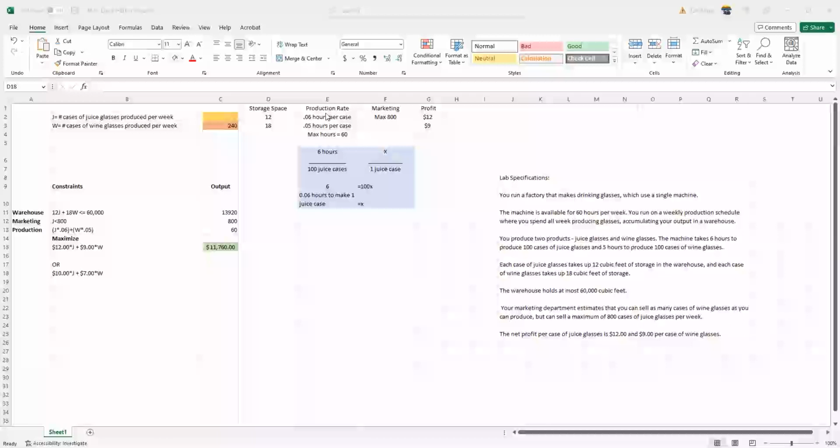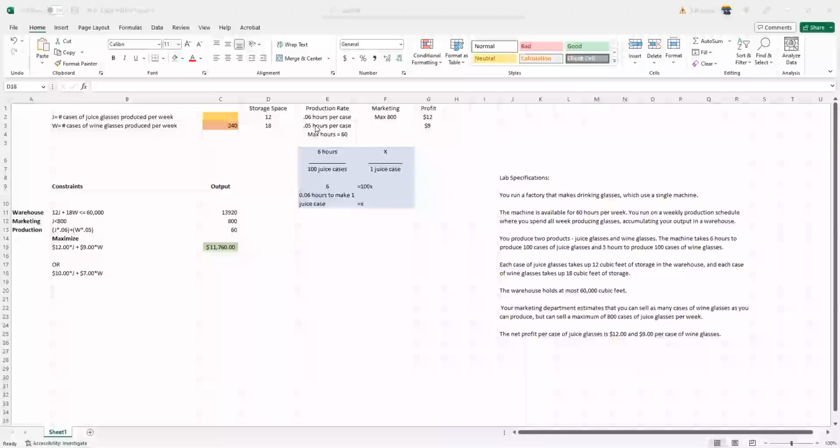The production rate, I've been offering this lab for years, and this is always the number one problem with most students: understanding the production rate. And I give it to you here. The production rate, we need to solve for hours per case.